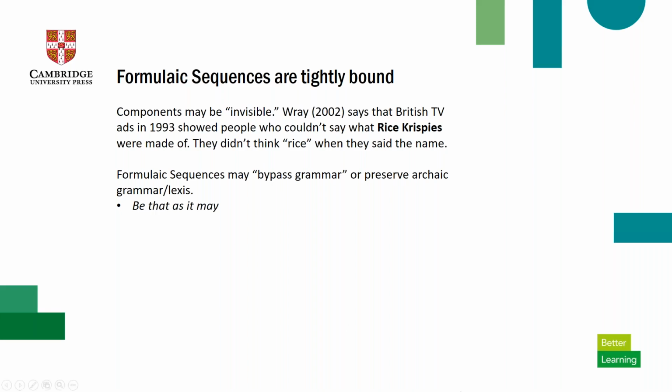And formulaic sequences can also bypass grammar. And sometimes they preserve archaic grammar or lexis, like be that as it may. Nobody really says that with this transposition of a subjunctive be at the front, be that as it may, except in these formulaic sequences.